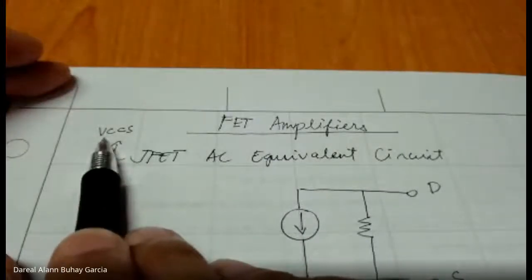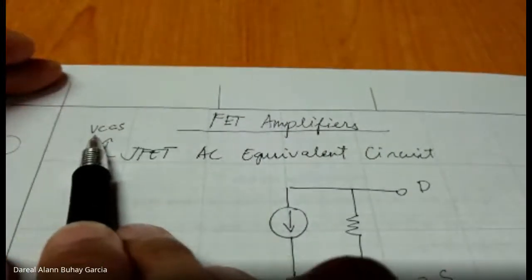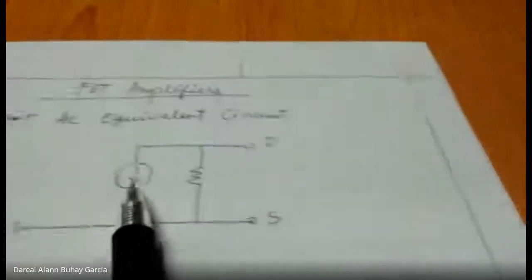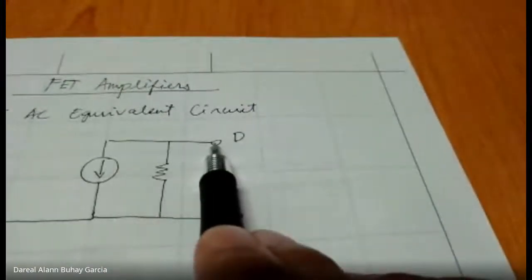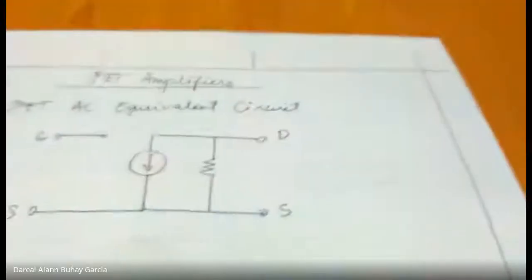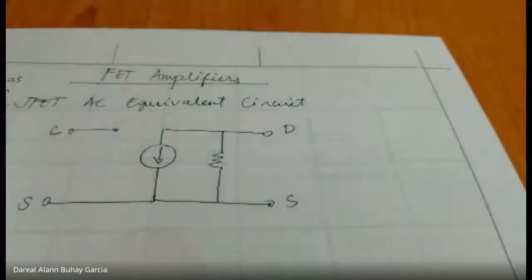Which voltage, or the voltage across which terminals, controls the current flowing from drain to source? As we've known in the DC part, it is the voltage across gate and source, or VGS.